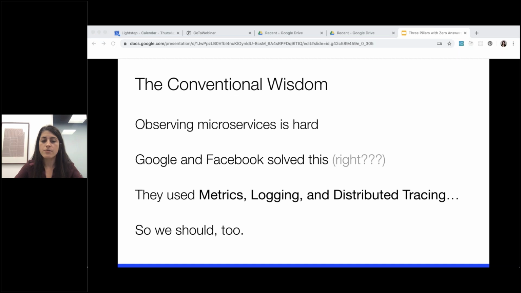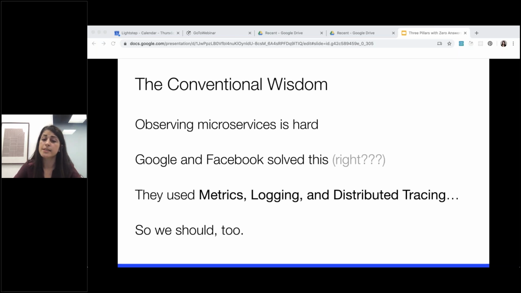It's not really something that I personally agree with, or a lot of my coworkers at Lightstep agree with as well. It's not really based on a first principles understanding, and we don't really think that we should be following the footsteps of these larger companies that have to deal with huge amounts of scale, because a lot of the tools that are useful at that scale are not necessarily useful at all the other scales that a lot of technologies have in the industry.